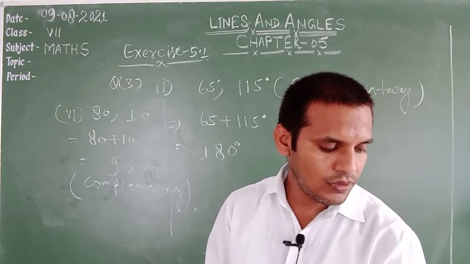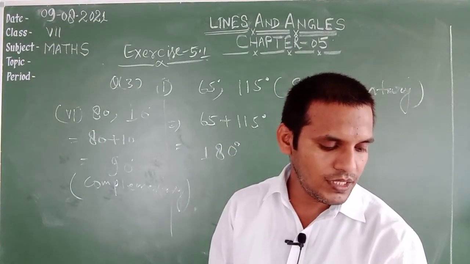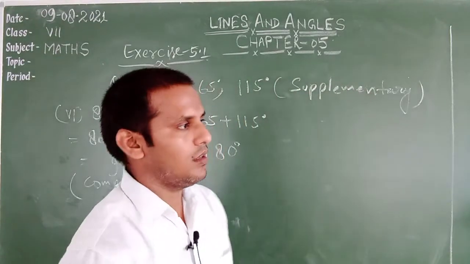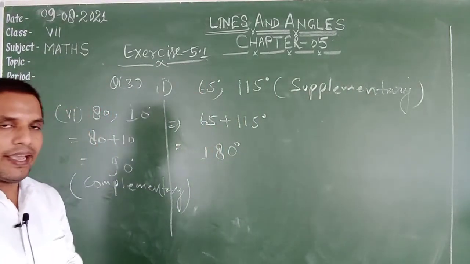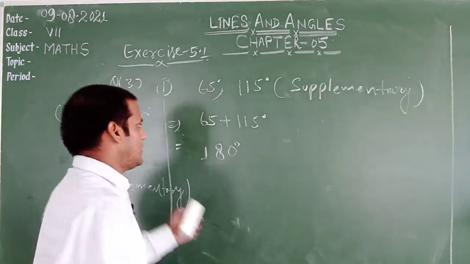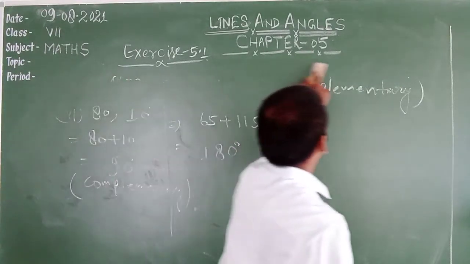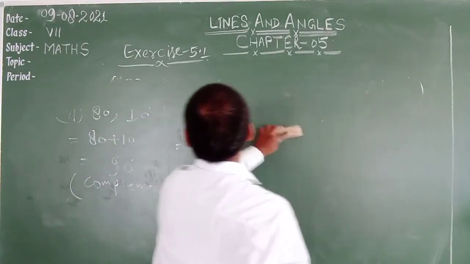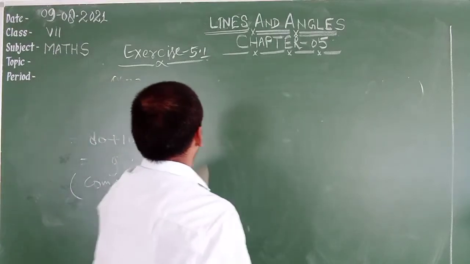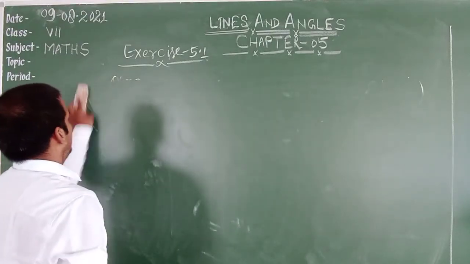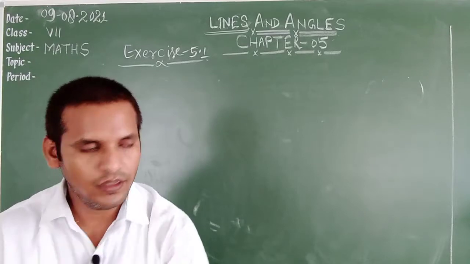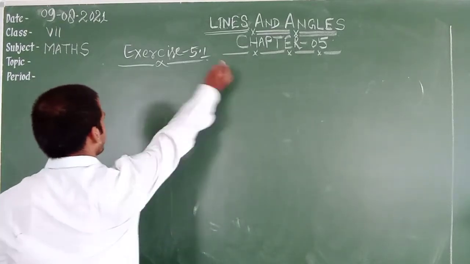Next, question 4: find the angle which is equal to its complement. In this question, the angle and its complement are both the same, so what will the angle be? We should find it. Let us see.